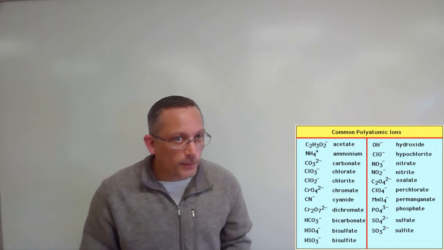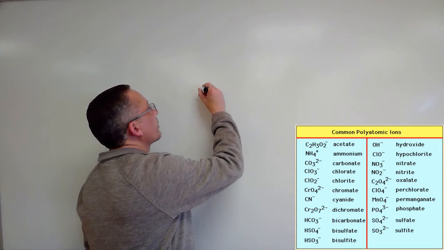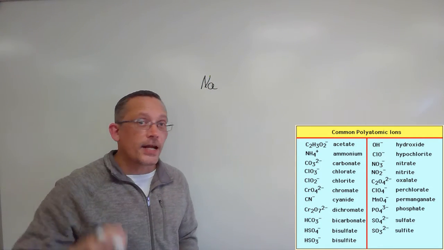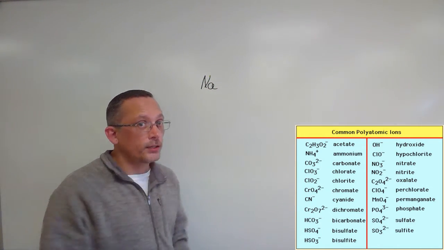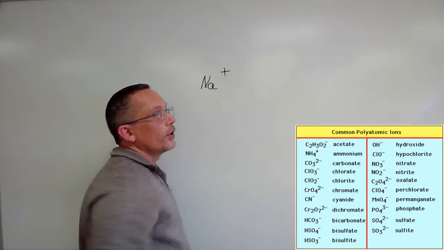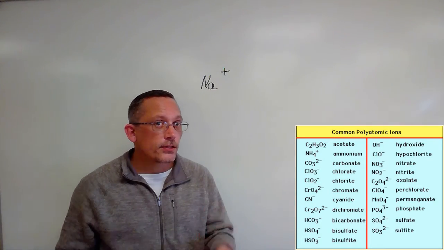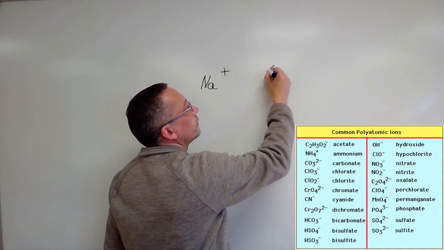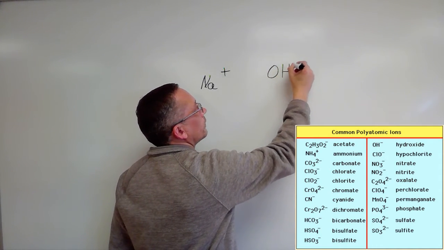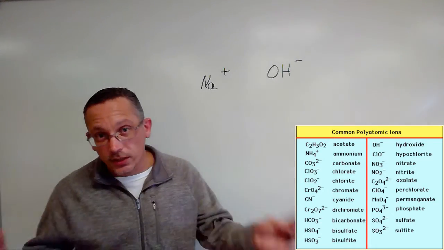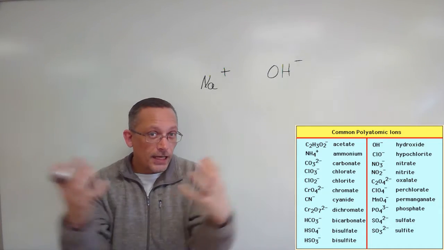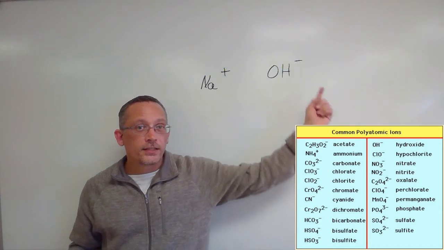Well, sodium, if you look at where it is, an alkali metal, so it'll be a +1. And then you can consult your chart and see what's the charge for a hydroxide. A hydroxide is OH -1.